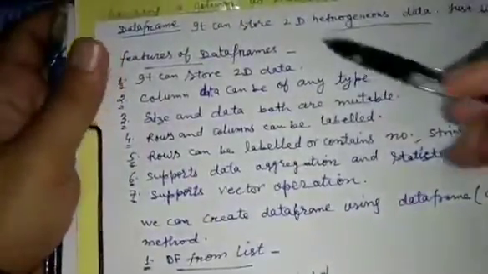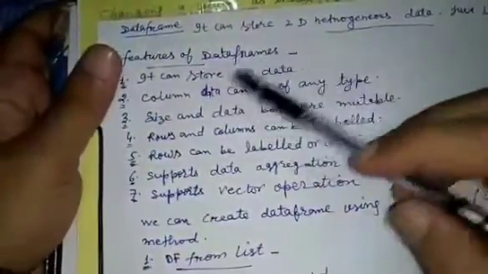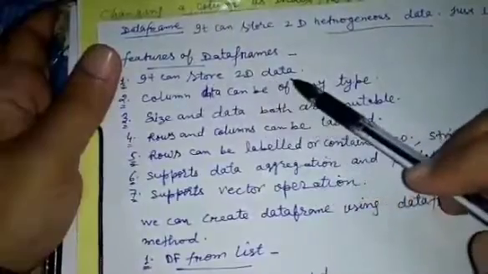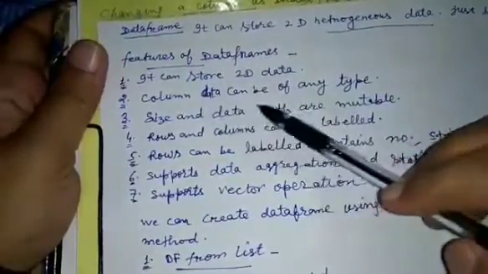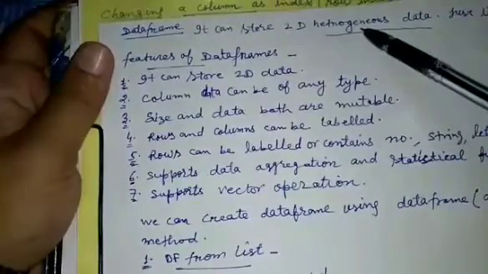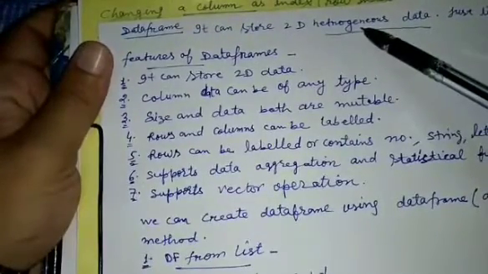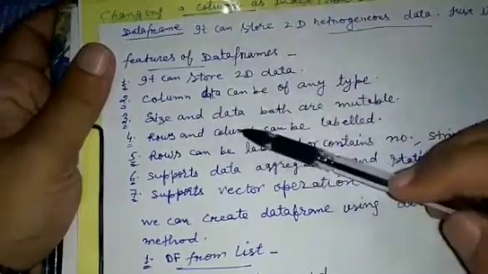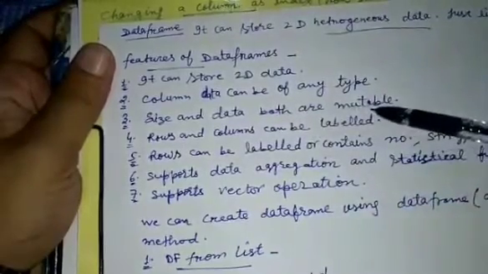Now take a look at the features of a data frame. It can store two-dimensional data. Column data can be of any type. We have just talked about the heterogeneous data in a data frame. Size and data both are mutable.